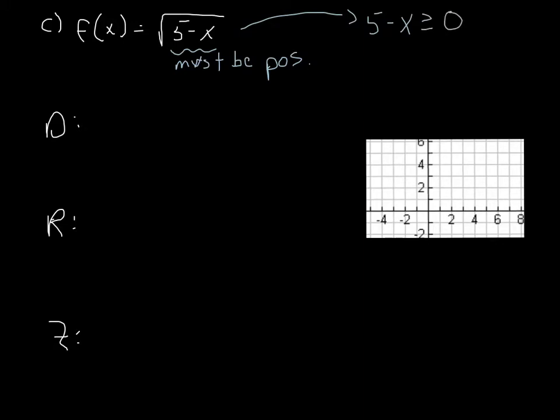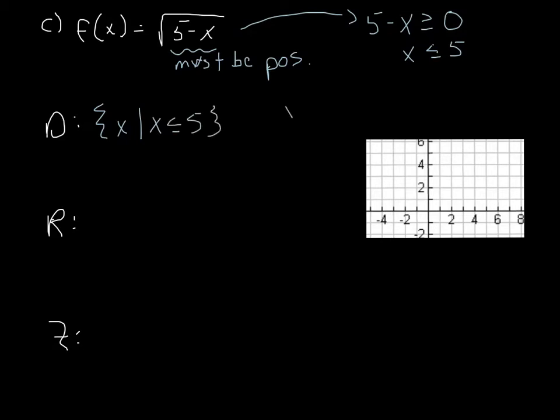Well, that means x, when you solve this, just add x to both sides. x has to be less than or equal to 5. You know what that is, guys? That's your domain. x must be less than or equal to 5. Otherwise, you get crazy, stupid results. So domain is all x's such that x is less than or equal to 5.